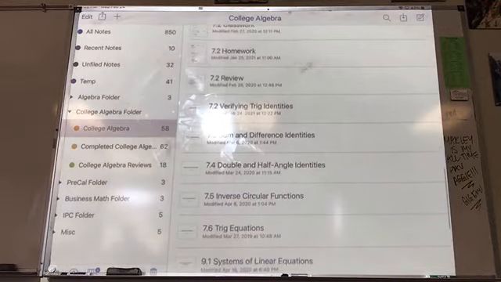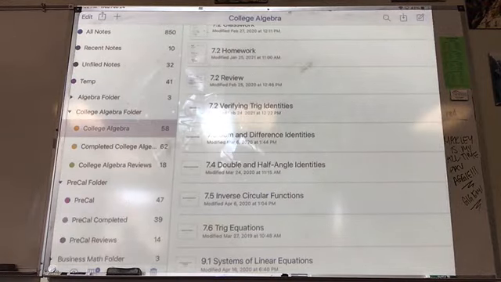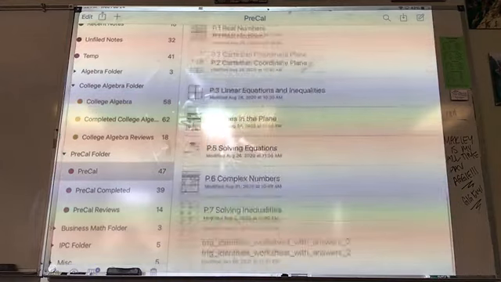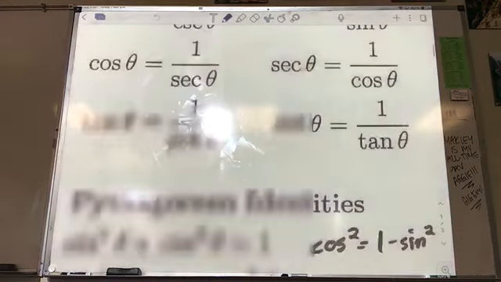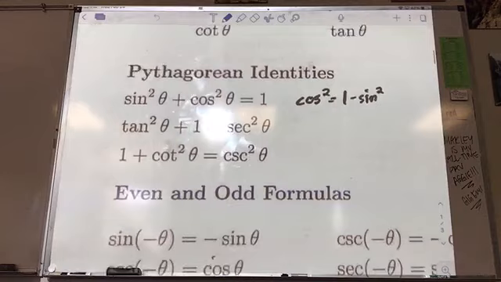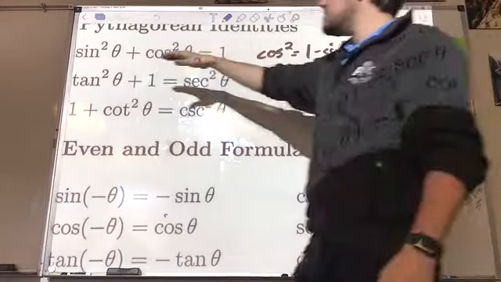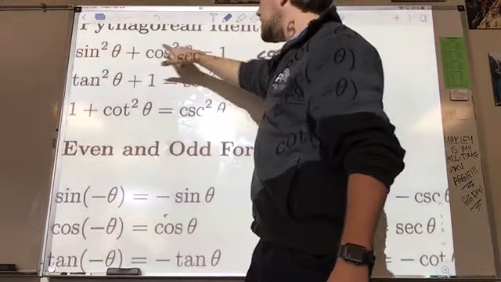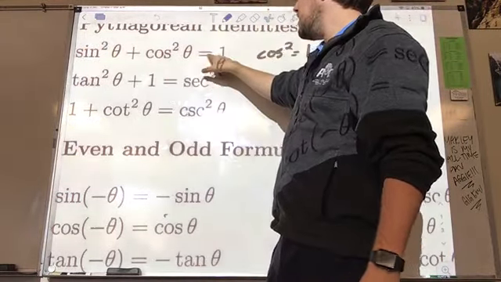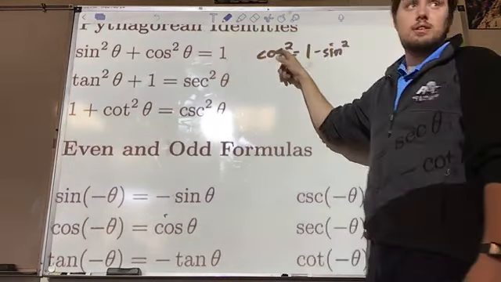I'm going to pull that up because I don't have it up here for you. I still have it written from last class. All we did was manipulate it a little bit. We subtracted sine squared from both sides, and it says cosine squared is 1 minus sine squared now.